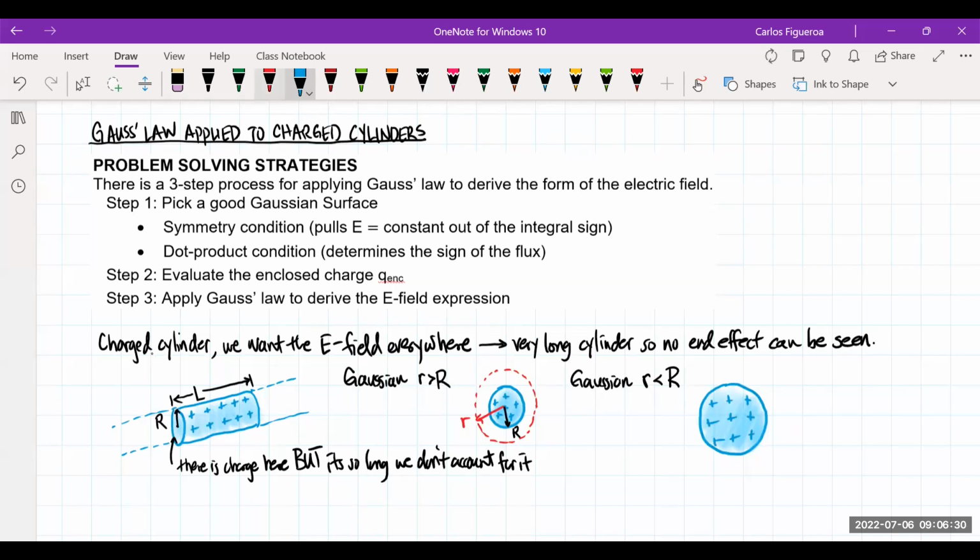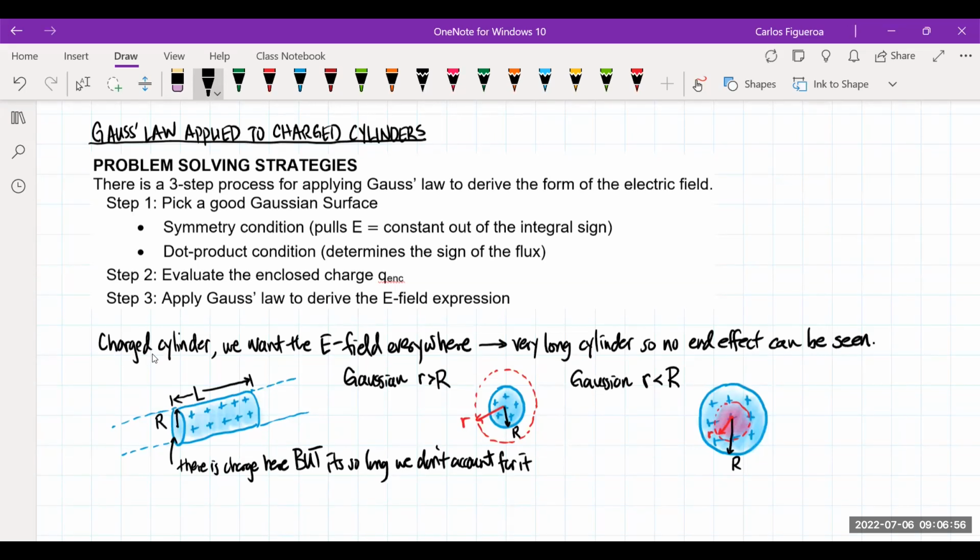We're going to choose our Gaussian inside of here, and when I do that, I'm only getting partial charge. So that's my radius r, and this is my radius big R.